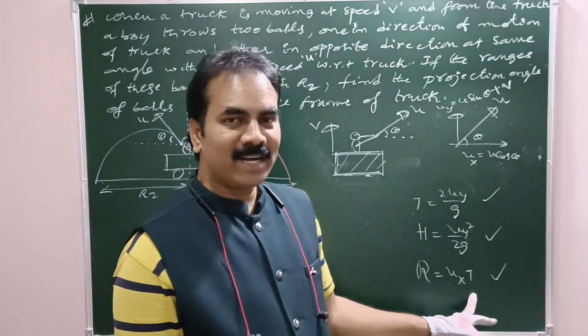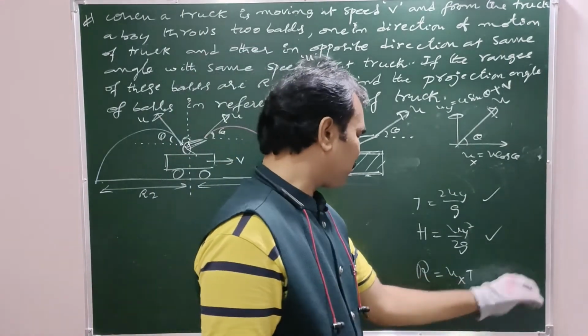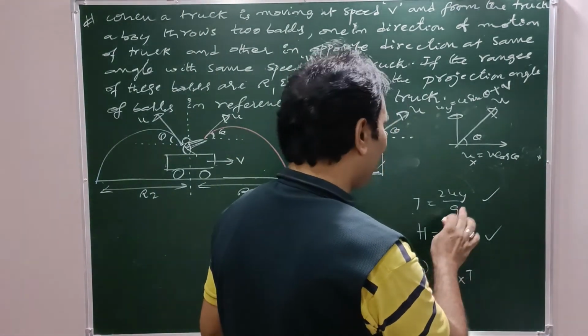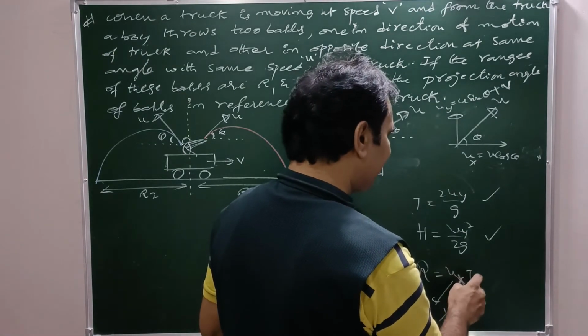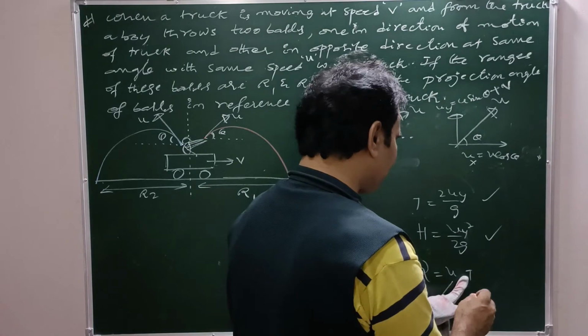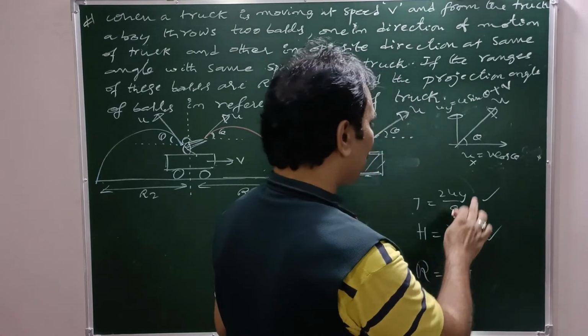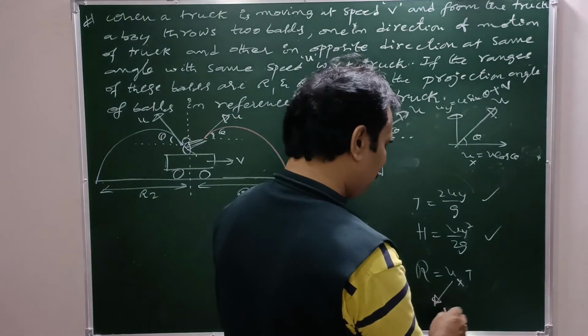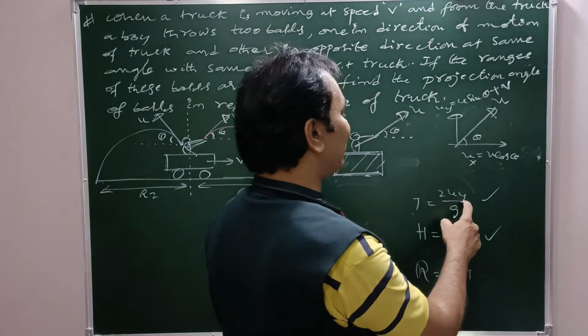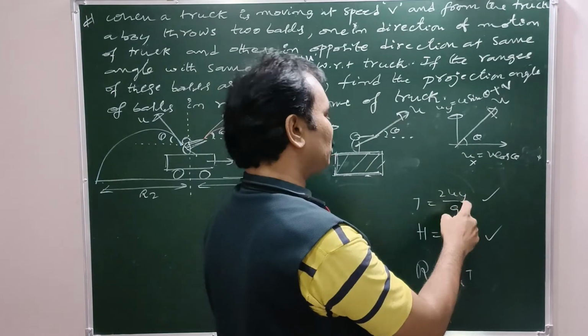Now what about range? Range equals horizontal component into time of flight. Of course, there is no effect on the horizontal component ux, u cos theta. No effect on ux, but on time of flight there is some effect because of the change in uy. So in this particular case, all three quantities are affected.